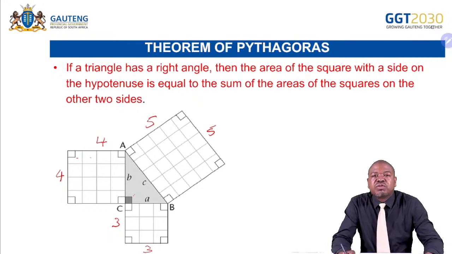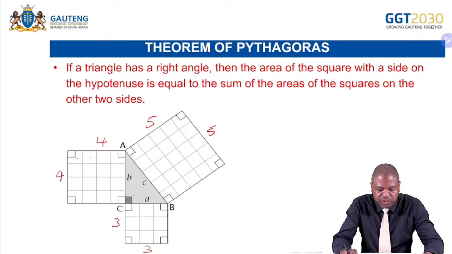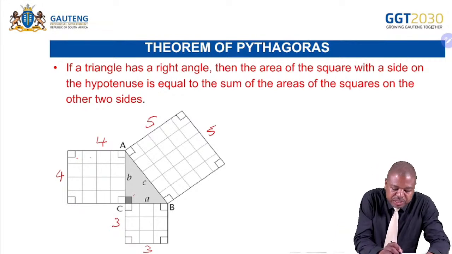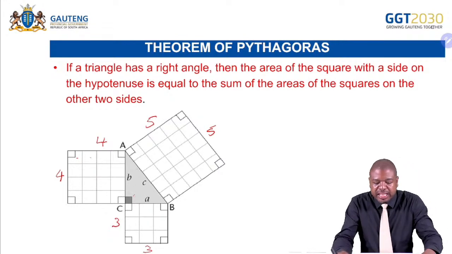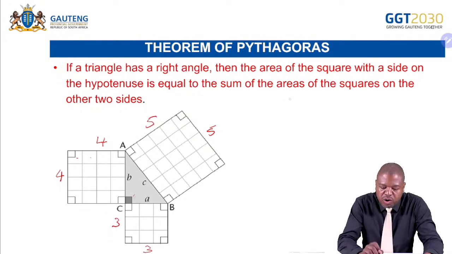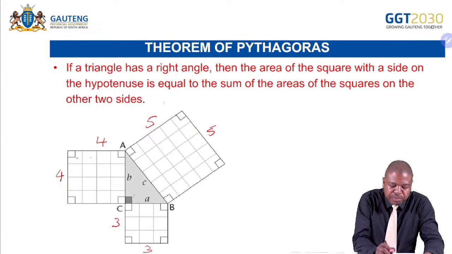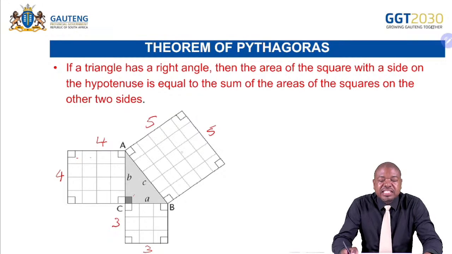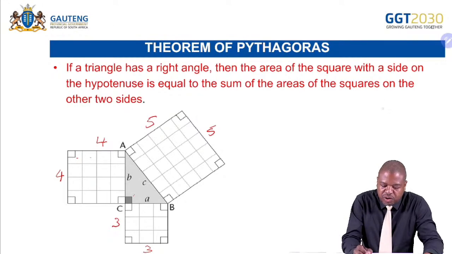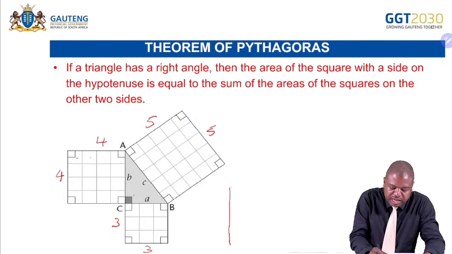And for us to find the area of a square, what do we do? We know that it is side times side. So what are we saying? We are saying that if a triangle has a right angle, like this one, triangle ABC has a right angle, then the area of the square with a side on the hypotenuse, this is the hypotenuse, it is the side opposite a right angle in a right-angled triangle.